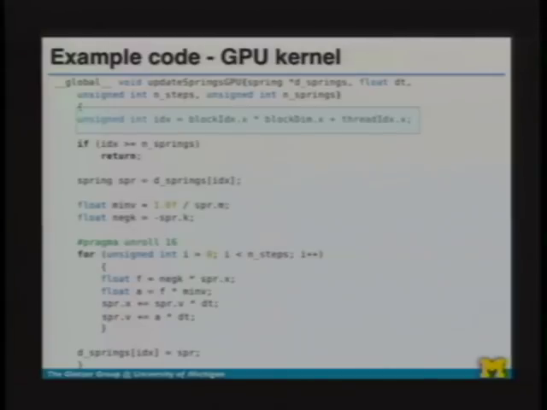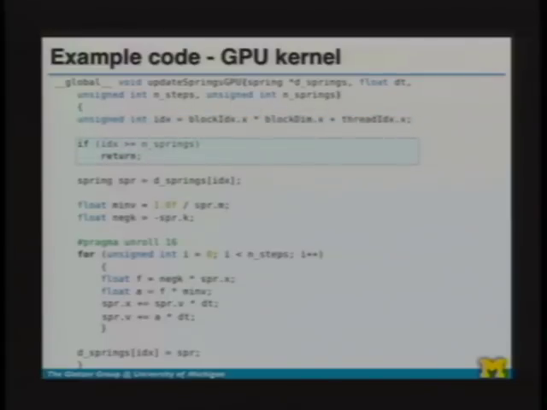These indices can be 2 or 3-dimensional as well. So a lot of times if you're doing matrix processing, if you want to assign one element per thread, then you would actually use blockDim.y and threadIdx.y as well. But this is the most common indexing pattern for 1D arrays.